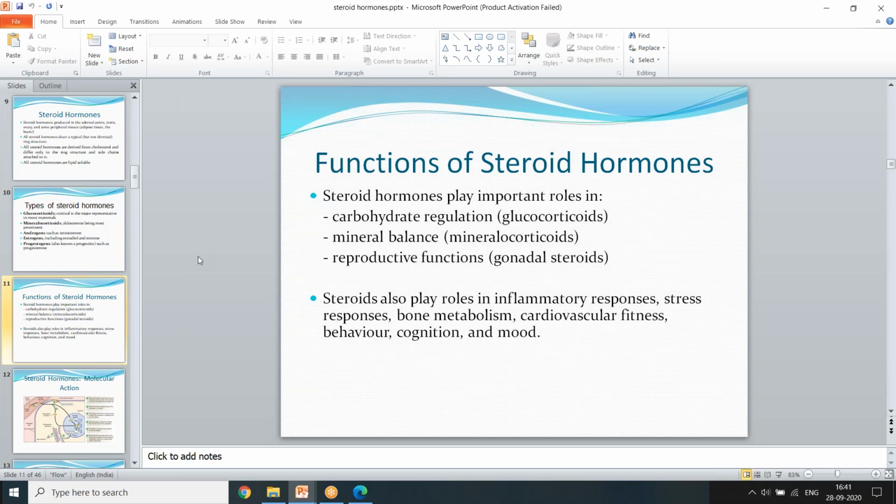If you are following the development or the treatment of COVID-19, one of the major uses that is happening is of these steroids. These steroids are being constantly used to control the inflammation that COVID-19 is causing. Okay, so steroidal therapy is being used successfully in the treatment of COVID-19.